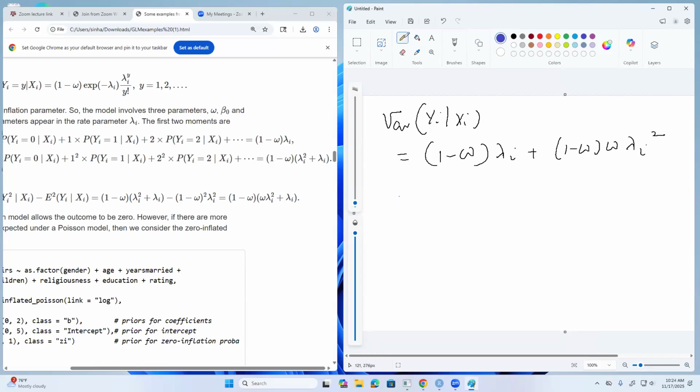So it is expectation of yi given xi plus this positive part. So variance is larger than the mean. That means it captures over dispersion. Over dispersion means extra dispersion in the data that is not usually captured in the Poisson regression model.